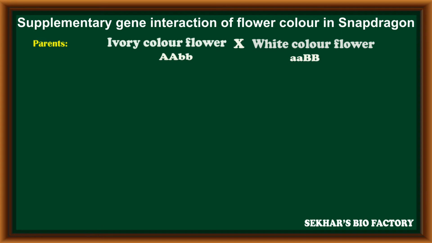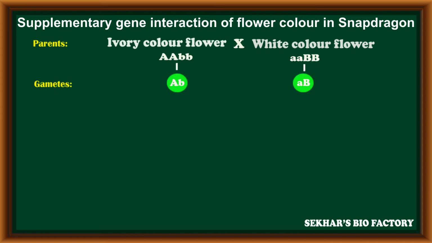So let us discuss how the interaction takes place in flower color in Snapdragon. In this interaction, ivory color flowers are expressed with the capital A, small b allelic combination. White color flowers are expressed when the small a, capital B alleles are present.